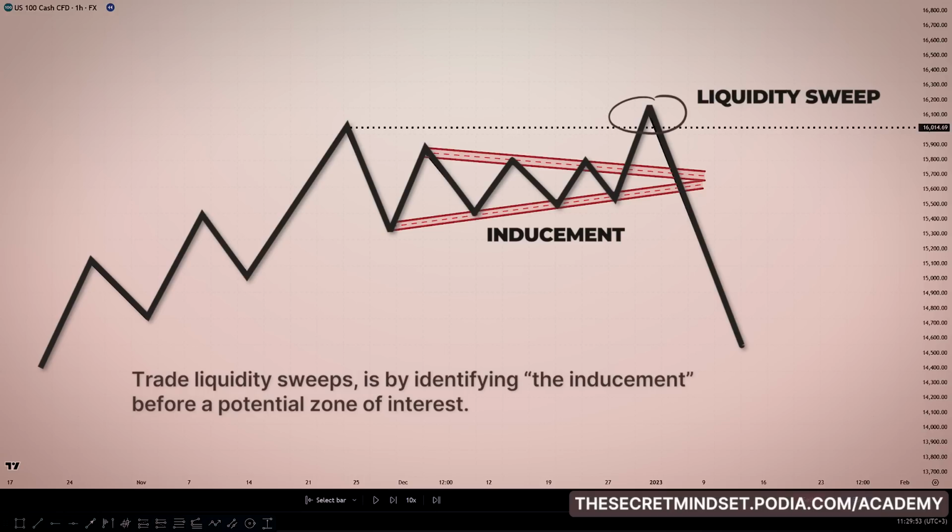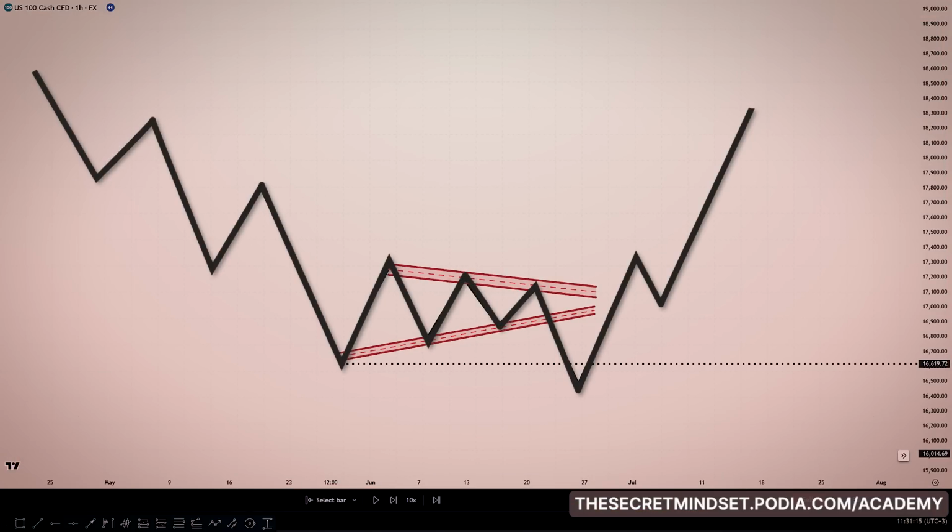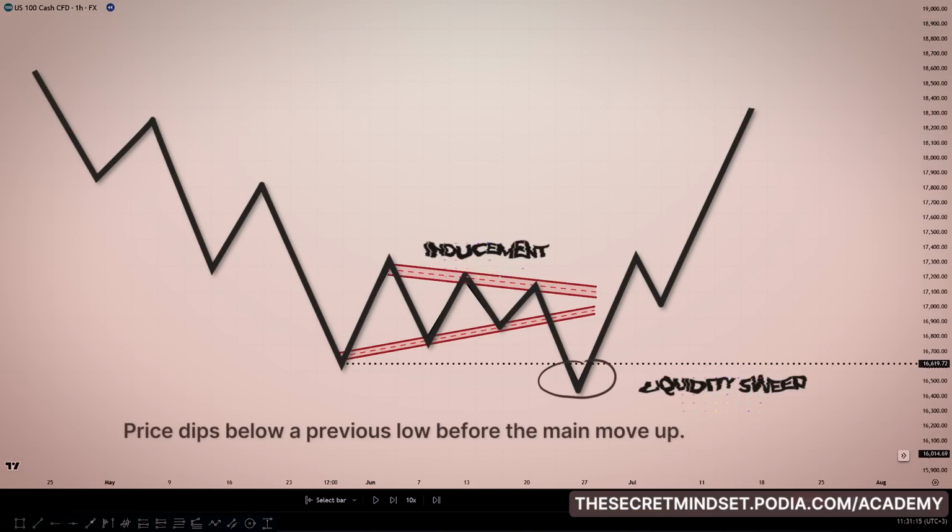This is where price action might encourage traders to enter positions, creating more liquidity for a potential move. For example, if you're looking at a possible buy zone, you might see price dip below a previous low before the main move up. This dip could make sellers enter short positions or exit longs, creating liquidity that larger players can use to enter their long positions.